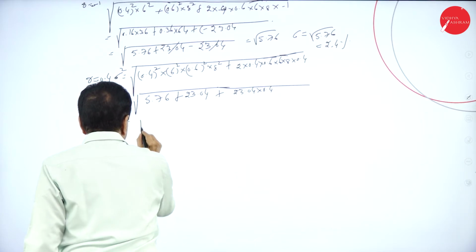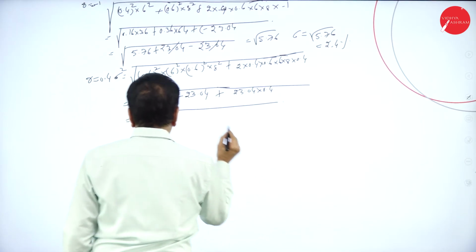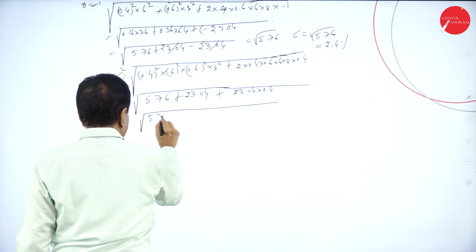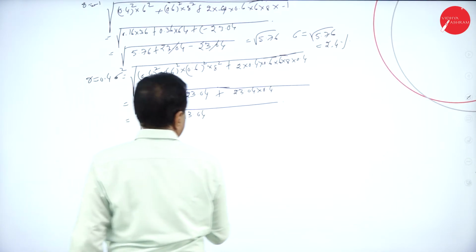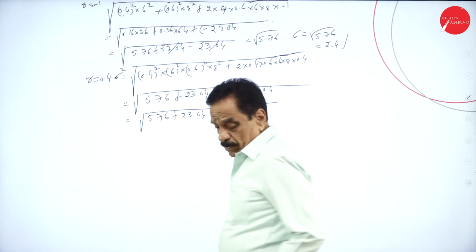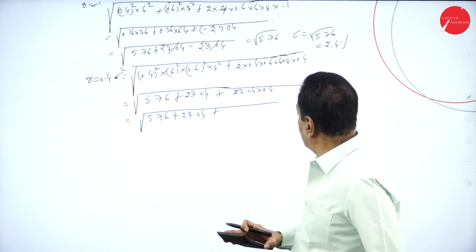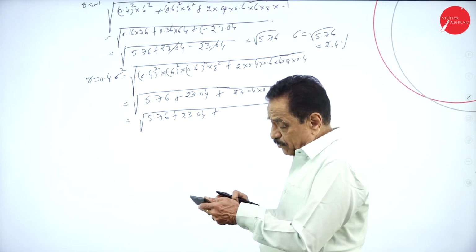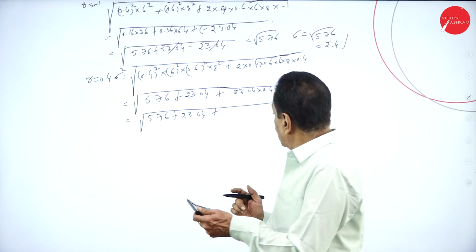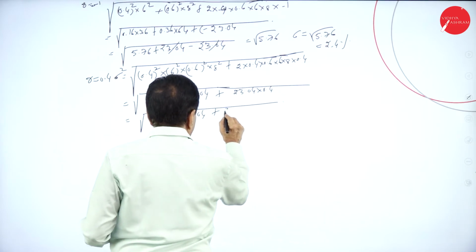This is 5.76 plus 23.04 plus 23.04 into 0.4, 9.216.